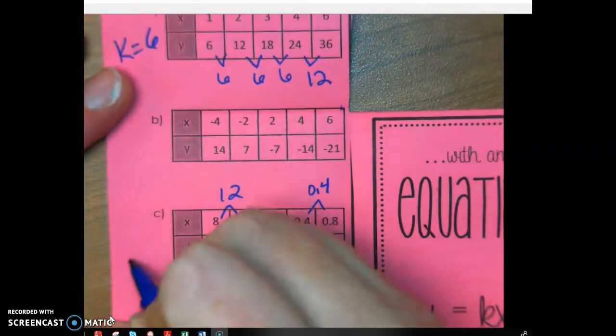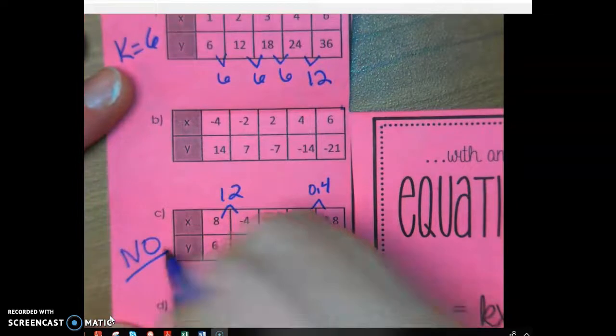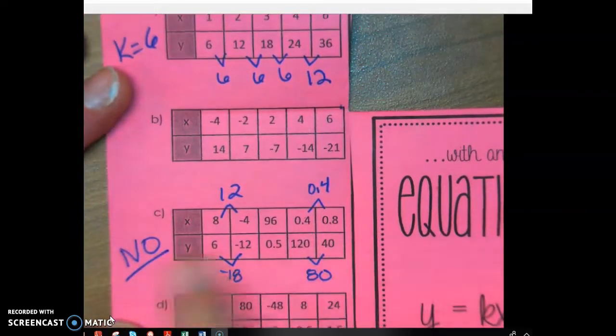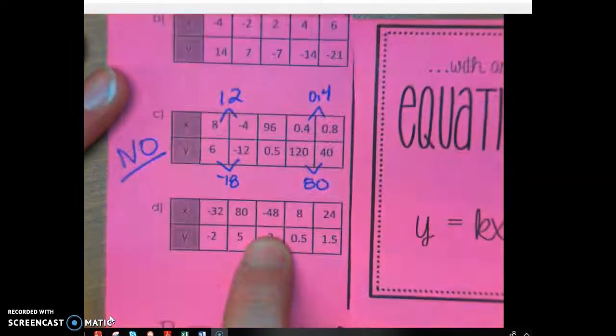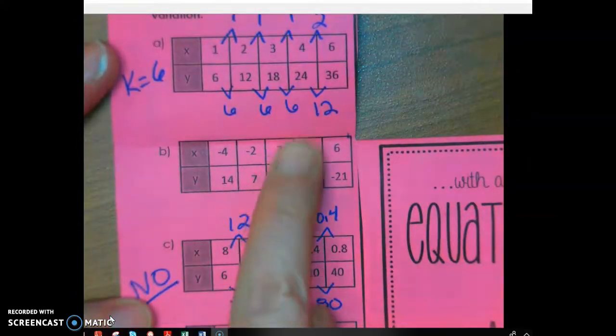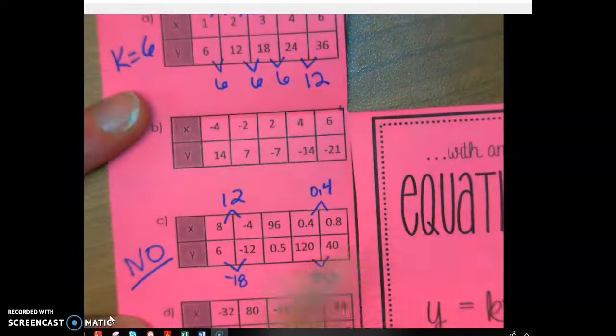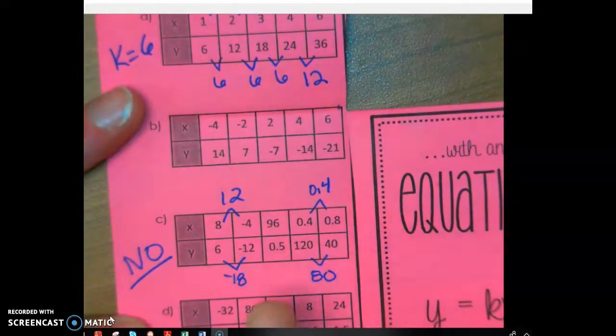No. So this one gets a no. This one is not constant. If you plot these, they are all over the place. You can do this one on your own as well. I wanted to give you an example of a yes, nice and pretty, and a no, where we don't know what's going on.